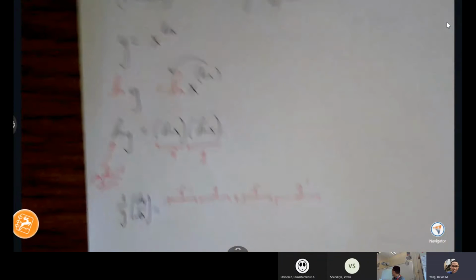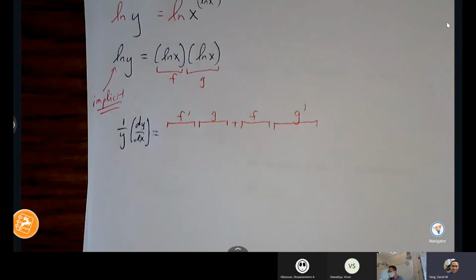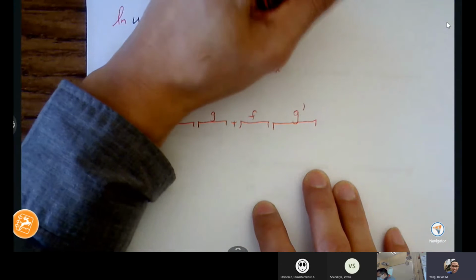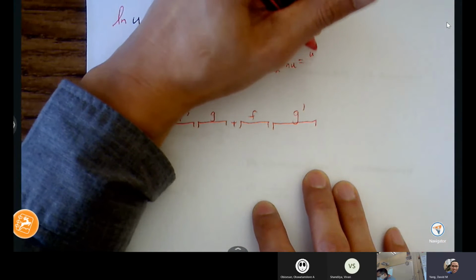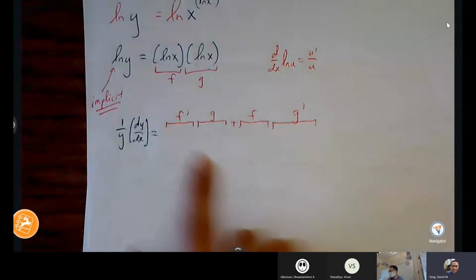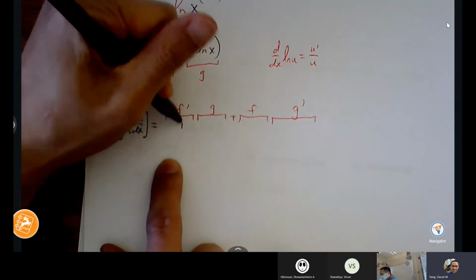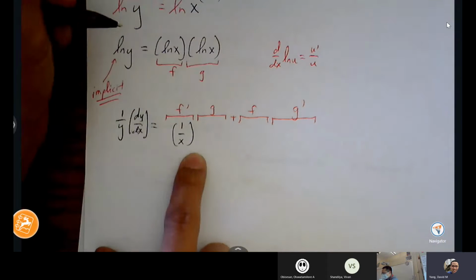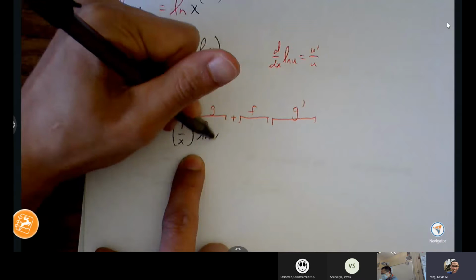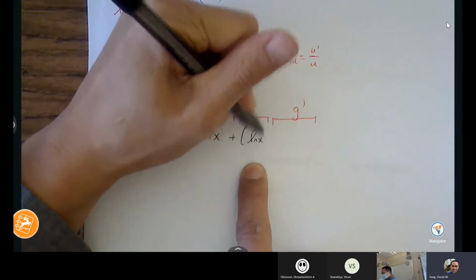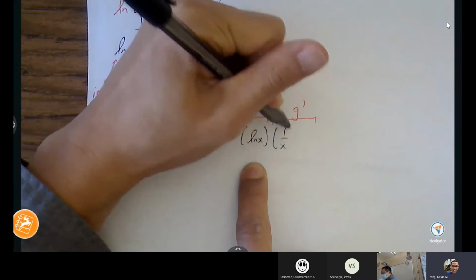F prime g plus f g prime. Remember the rule for natural log of x is u prime over u. So let's see what this ends up being. F prime is 1 over x times the g function, plus f times g prime.